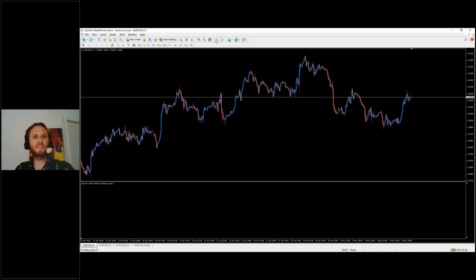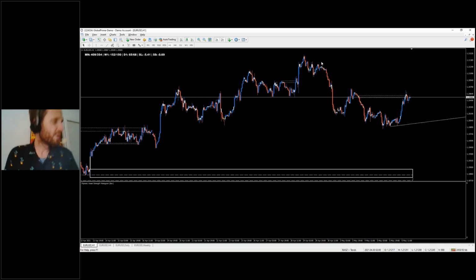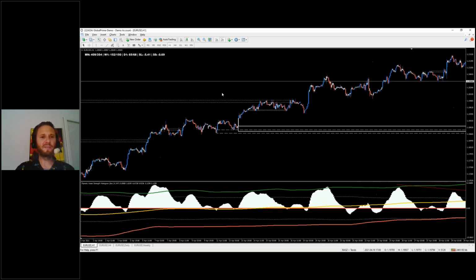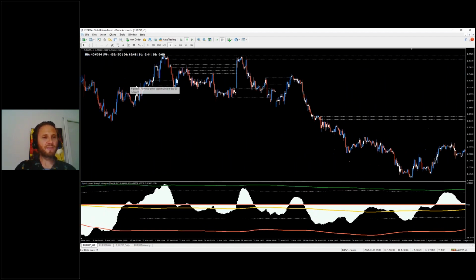Okay, so essentially the only reason I call it a parent and a child is to underline the fact that there is a relationship between one area of supply or demand and another. If we have an area that is created, this is a good example right here.